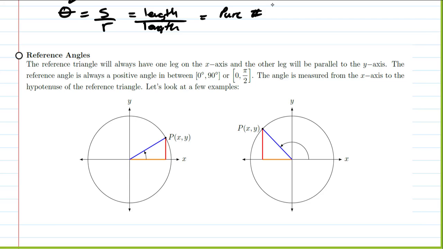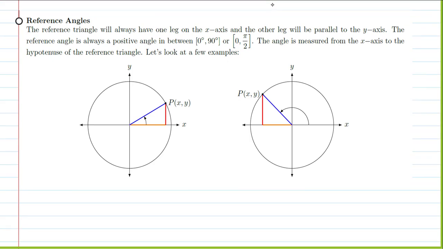The reference angle is always a positive angle between 0 and 90 degrees, or 0 and pi over 2 radians. The angle is measured from the x-axis to the hypotenuse of the reference triangle.